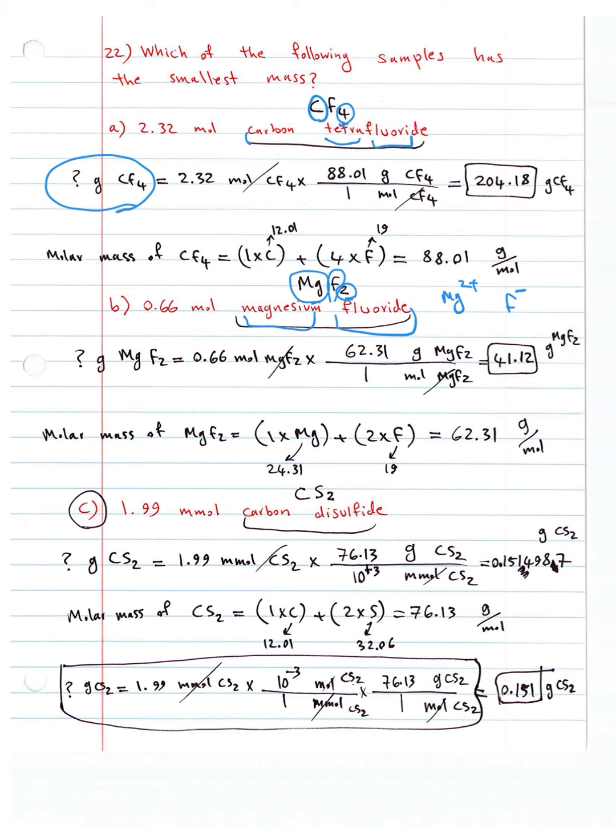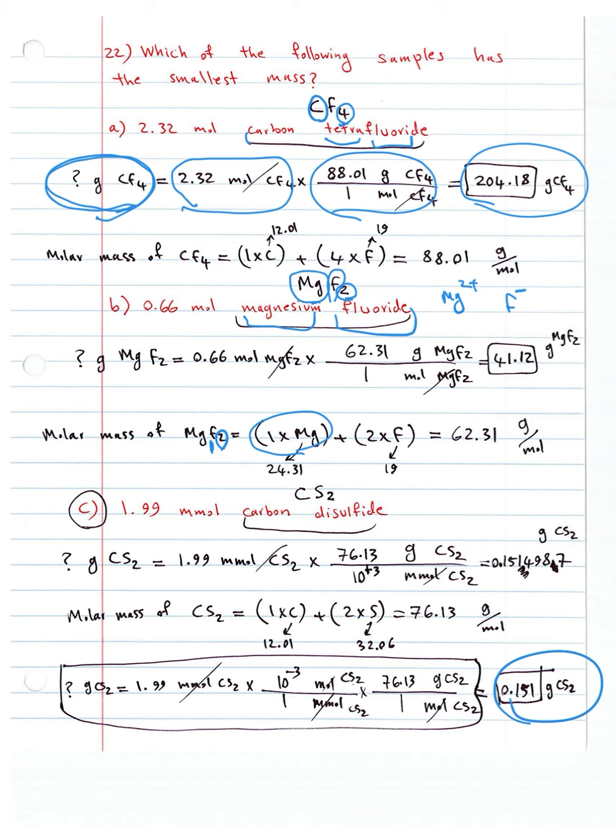Anyway, after writing these, you say how many grams of CF4 equals this much of mole. With molar mass, you convert to gram. So this is pretty straightforward. And for molar mass, you count the number of atoms multiplied by that element plus the number of fluorine multiplied by F. These 3, and then calculate the grams, you realize that this one has the smallest.